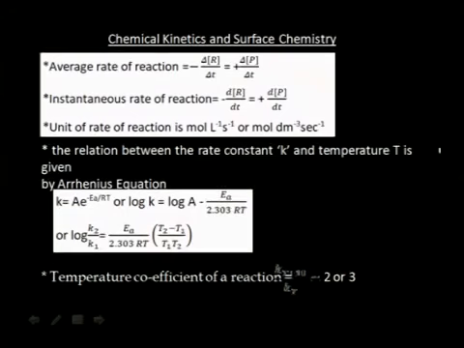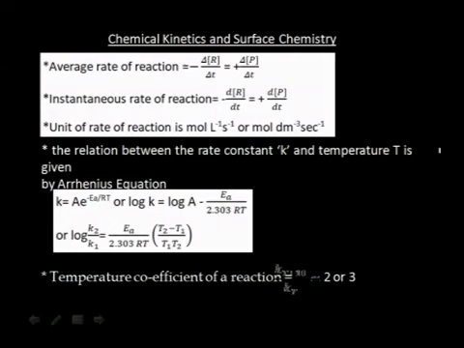In kinetics, we deal with the rate of reaction. The rate of reaction is normally expressed as the change in the molar concentration of a reactant or product in a unit time. You have the average rate of reaction and the instantaneous rate of reaction.